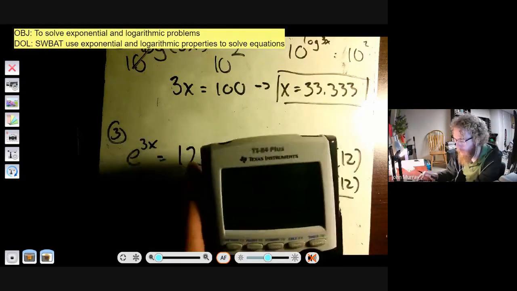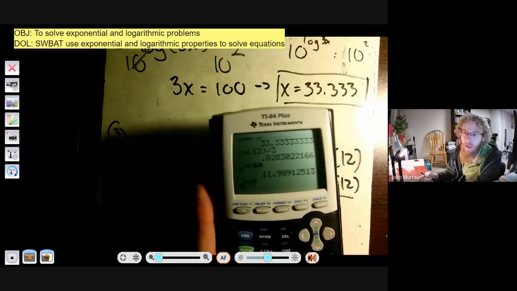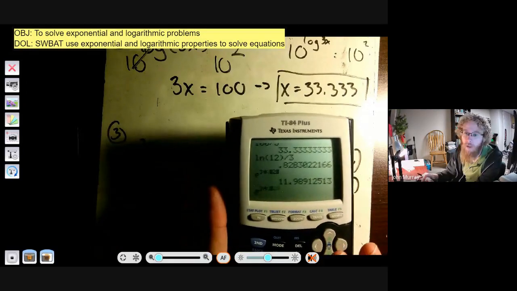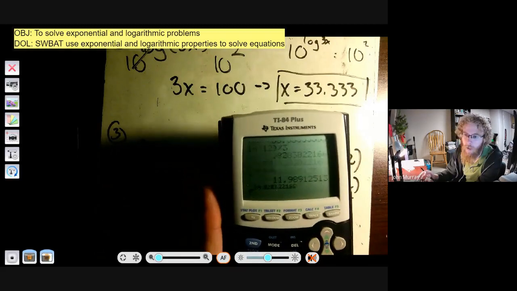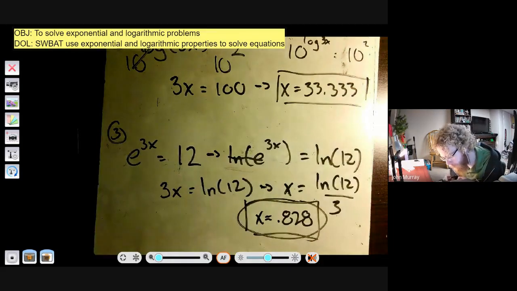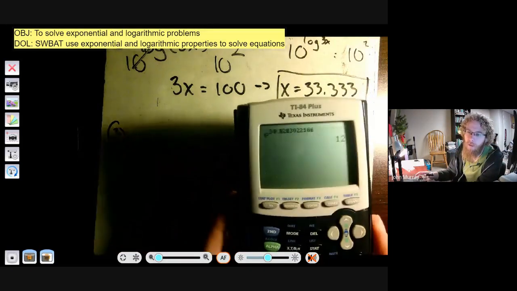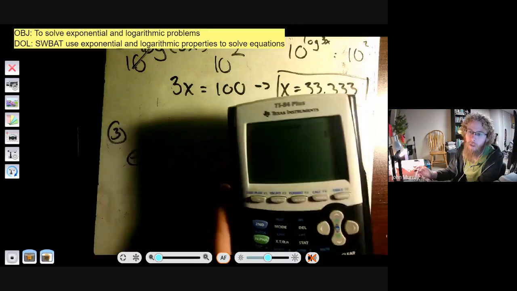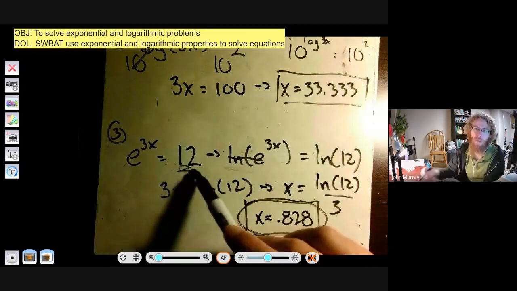Actually, let's try it real quick. e to the power of 3 times 0.82830222166. What did I do wrong? Oh, there we go. So the more decimal points I plug in, you can see that gives us a much more accurate answer of 12.